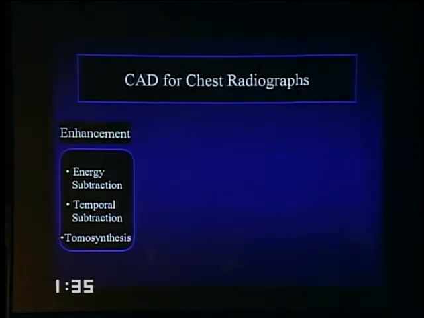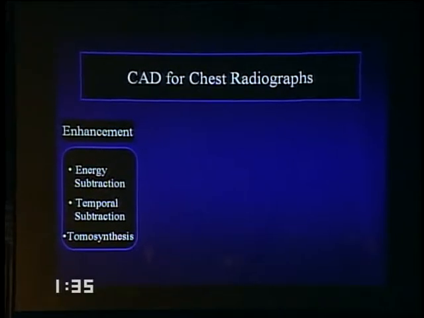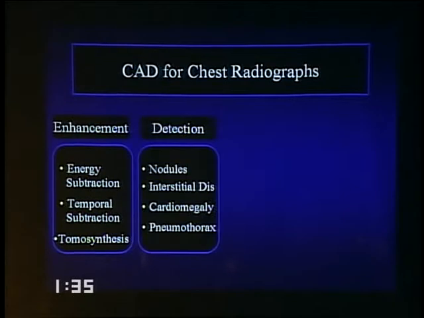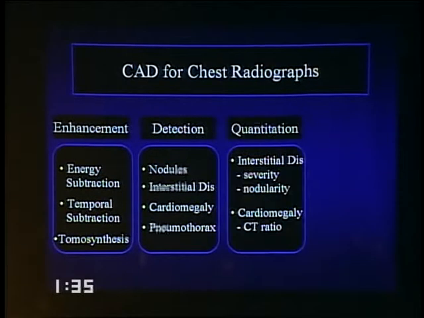So we can consider CAD in the category of enhancement of the image, first of all. And most people don't call this computer-aided diagnosis, but I like to consider it broadly. These are ways that computer applications can help us to extract data from the image. Let's start out with energy subtraction. Then detection programs which can automatically detect nodules, interstitial disease, and so on have been developed.